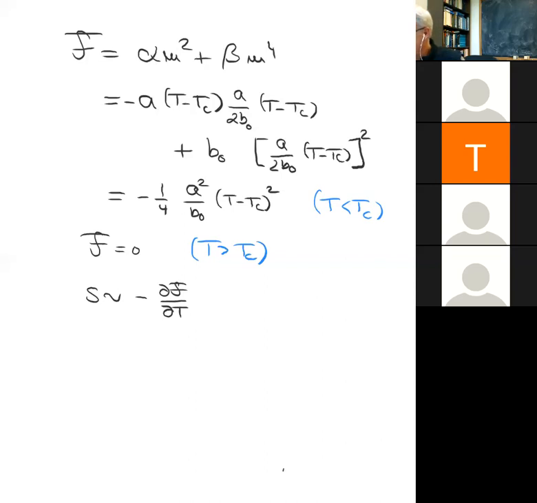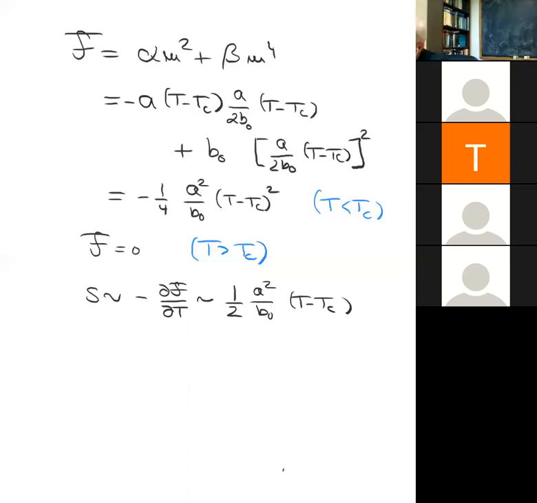So I can just take this expression up there and just differentiate with respect to T. So what do I get? I get 1/2 a squared over b naught times T minus Tc. Okay, so what I learned from this is that near Tc, there's a term in the entropy density which is linear in temperature. That, again, is a prediction of the theory.